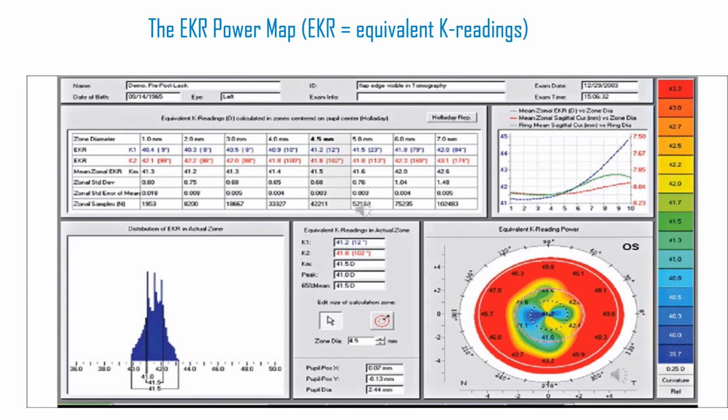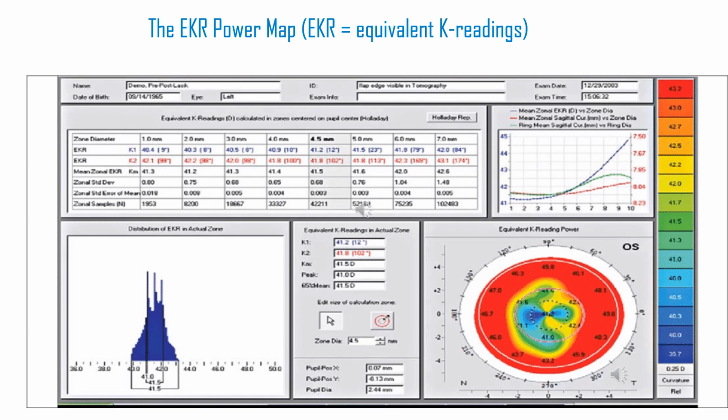That could be an indication of some amount of irregularity. And at the bottom right, you also have a visual depiction of the power map, which also gives you an idea about the regularity and irregularity.